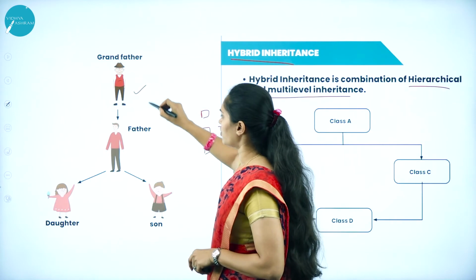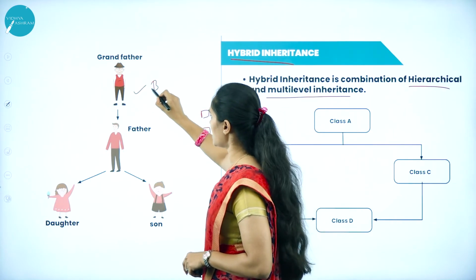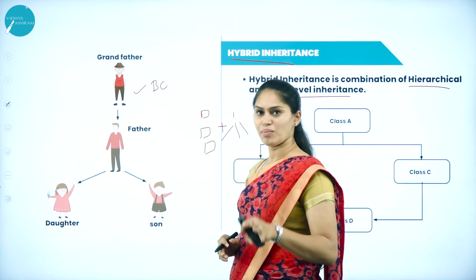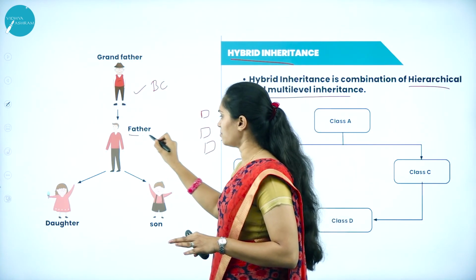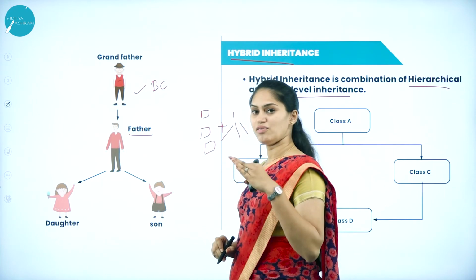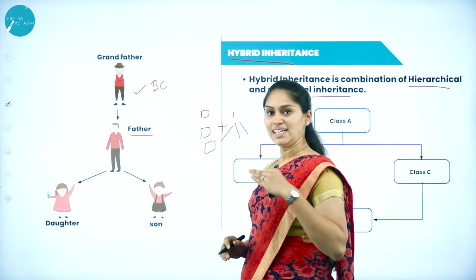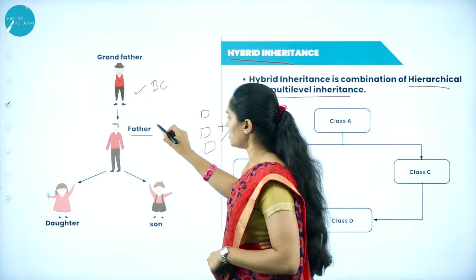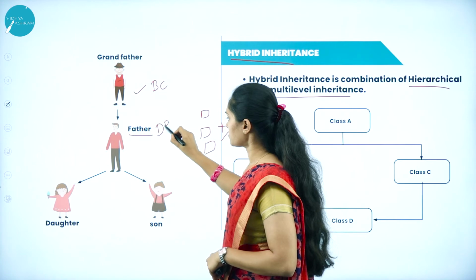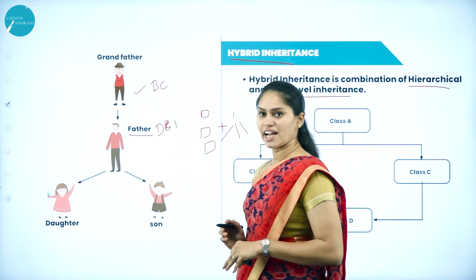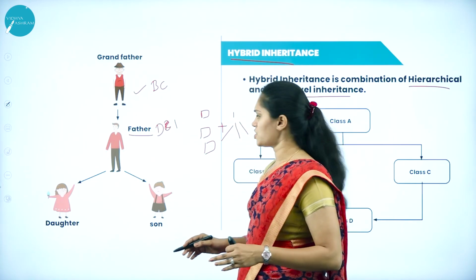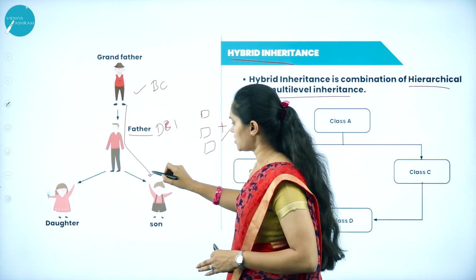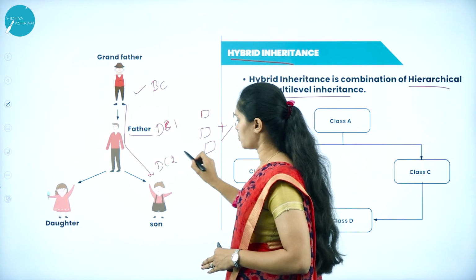Here I have a grandfather. So I am going to consider this grandfather as a base class. This father will become the next level of inheritance. If I consider this context for multi-level, then this grandfather becomes the base class and this father becomes the derived class 1. Here I have two dimensions. So base class, derived class 1. If I come in this way, then this becomes derived class 2.